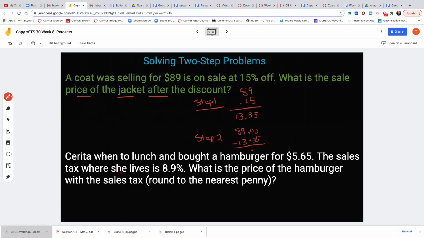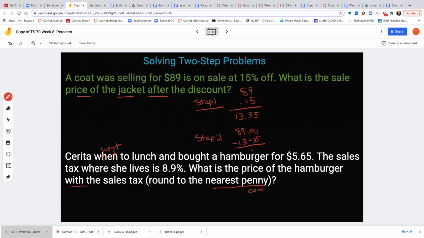All right, let's take a look at another one. Sarita went to lunch. That should be a went, W-E-N-T. She went to lunch and bought a hamburger for $5.65. The sales tax where she lives is 8.9%. What is the price of the hamburger with the sales tax added, rounded to the nearest penny? Penny means cent, okay?